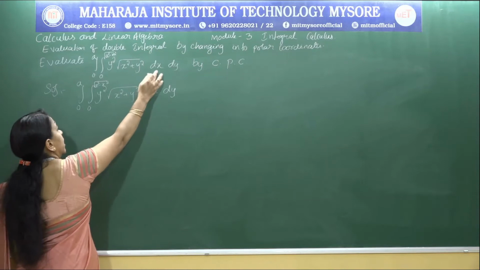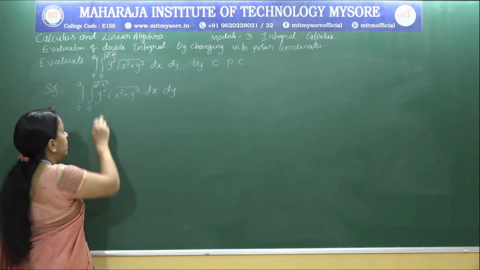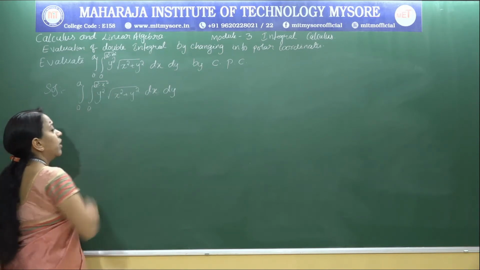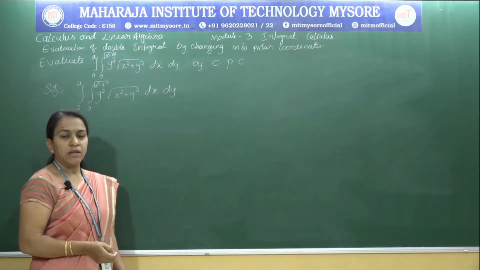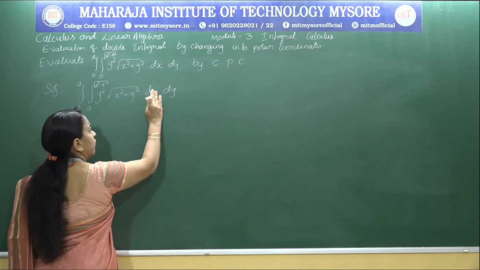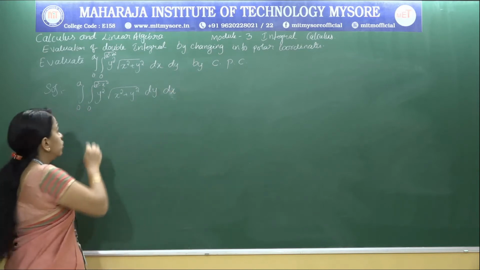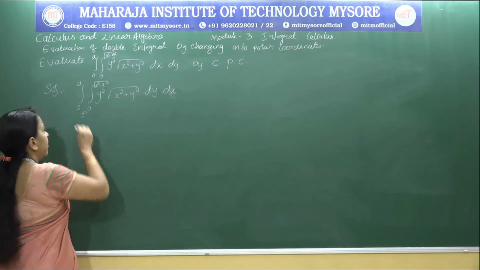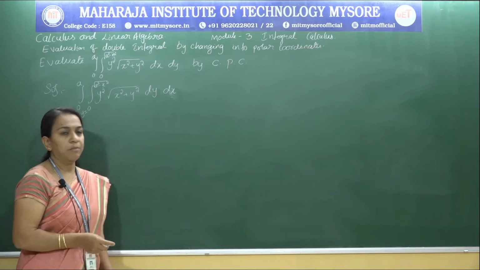They gave dx dy, I wrote it in the same order, but I can't write that, because in the limit place we have root of a square minus x square. Whenever we have x in a limit place, that should be the limit of the y variable. Therefore, this should be dy and this should be dx. So y varies from 0 to root of a square minus x square and x varies from 0 to a.